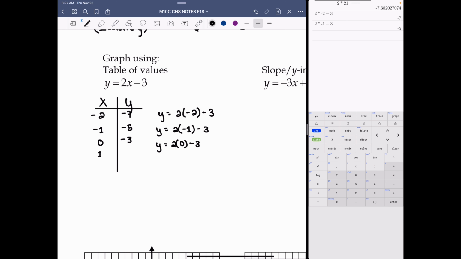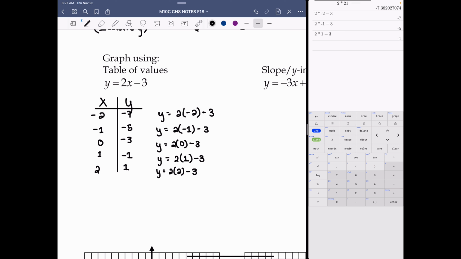Do x equals 1, then y equals 2 times 1 minus 3, negative 1. And then x equals positive 2, then y equals 2 times positive 2 minus 3, which is 4 minus 3, which is positive 1.